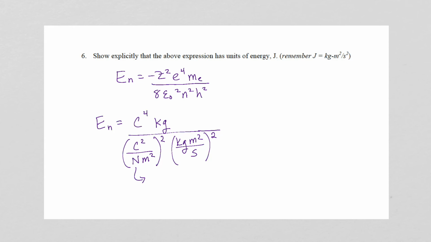So turns out a Newton, and you can probably make this deduction based on our alternative units that we saw before for Planck's constant in the de Broglie exercise, a Newton is also equal to a kilogram meter per second squared. So I like those units a lot better for this.